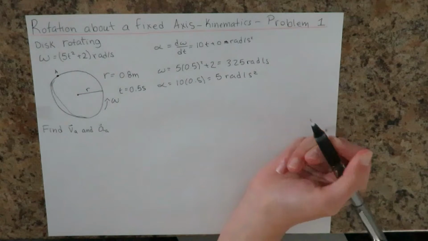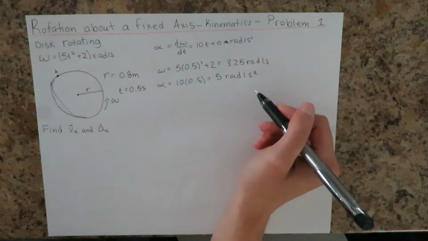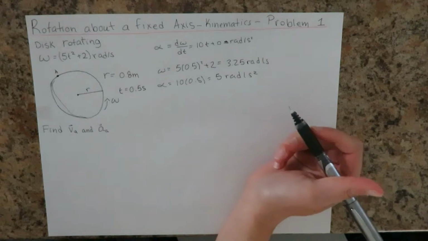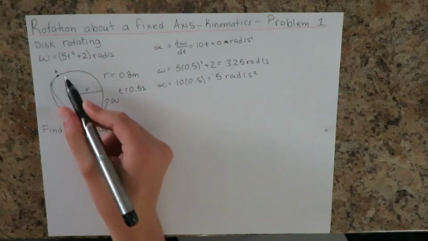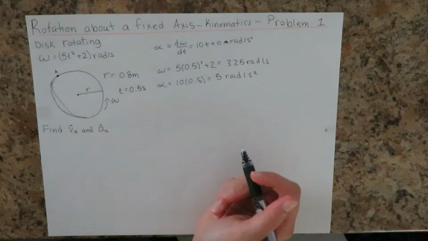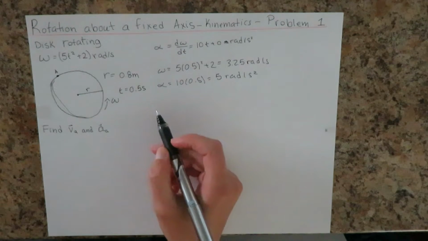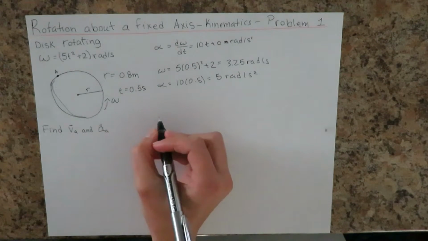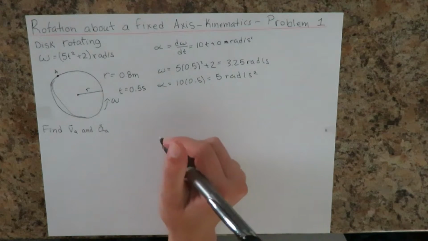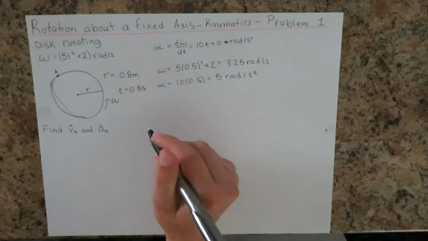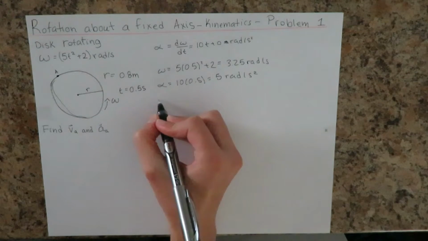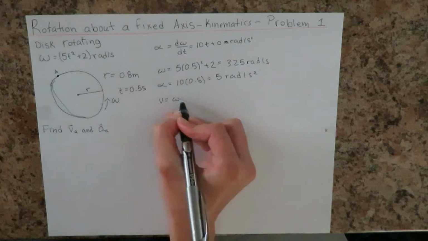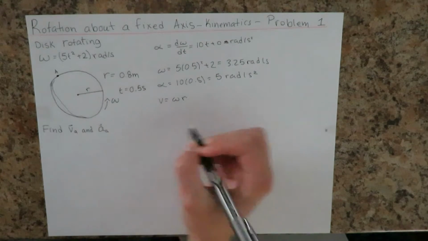So, now we have angular velocity and angular acceleration. But we're not looking for those, right? We're looking for velocity and acceleration of this point A. So, how does this help us? If you remember my last video, I gave you a relationship for if you're rotating about the center on a fixed axis, your velocity is equal to omega r, where r is the radius.